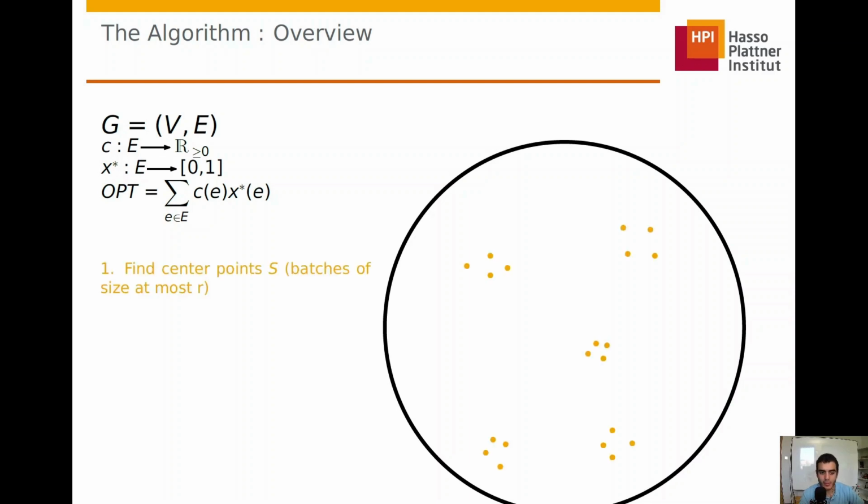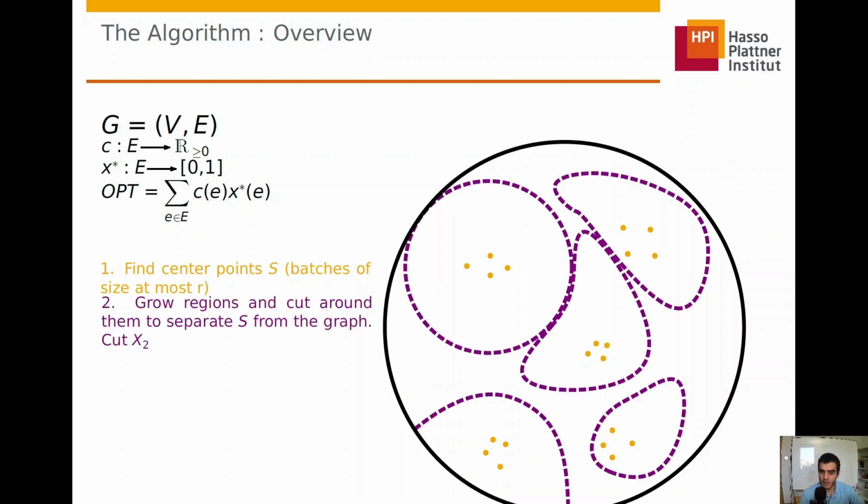Okay? So the first step to get that small diameter decomposition is to find what we call center points in the graph. They will come in batches of at most R, and for the rest of the representation, R will be set to 4, and everything will happen with R equal 4. Then we can grow regions around those batches and separate them from the graph with those cut edges that are purple dotted lines. We call this cut x2 because it happens in phase 2.